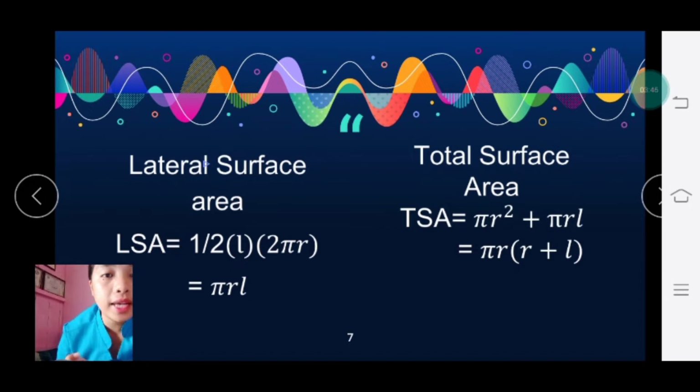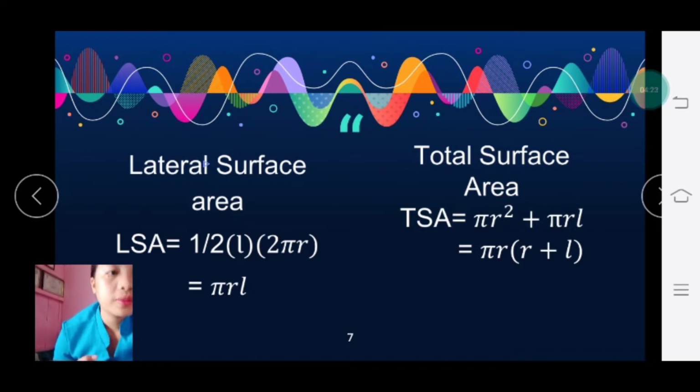Asa nang pi RL? Ang pi RL, class, kay mao nang lateral surface area. So para makuha nato ang total surface area, i-add nato ang base, which is the area of a circle, pi r squared, plus pi RL, ang lateral surface area.